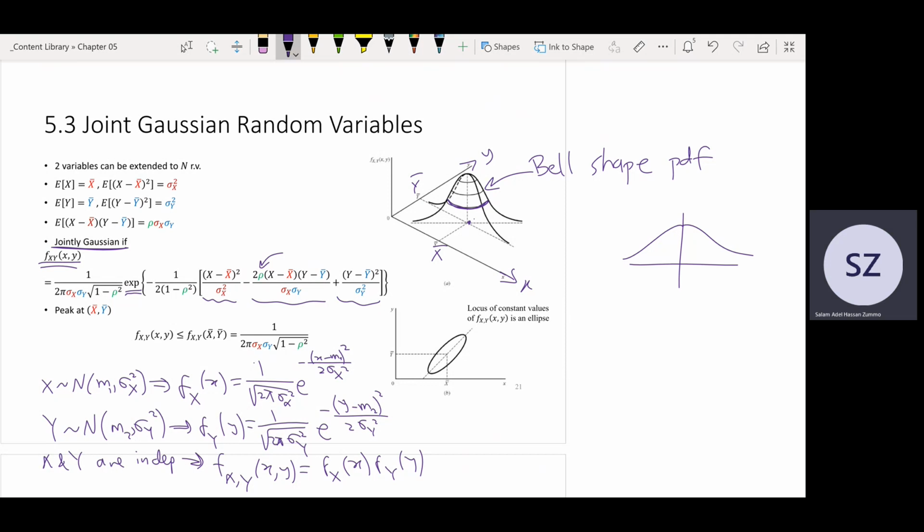This is the way the PDF looks when I cut it at a certain point. This is called the locus of constant values of PDF. Basically, as we said, if you look at this PDF and cut it with a plane, then this plane, if you look at it from above, will look like this.